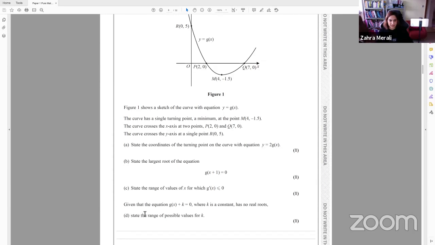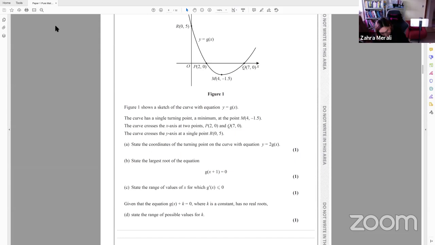And it's asked to state the turning points of 2g(x). So if you remember from all your functions work, if you have f(x) plus a, for example, so inside the bracket affects the x.